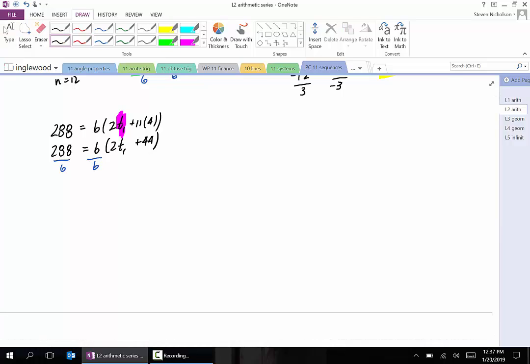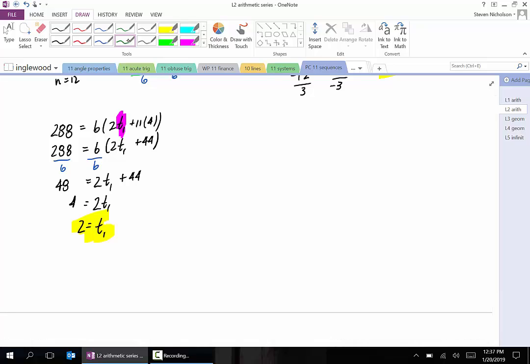And when I divide both sides by 6, I get 48 is equal to 2T1 plus 44. Then I'm going to subtract 44 from both sides, and then I'm going to divide by 2. And what I end up with is T1 is equal to 2.